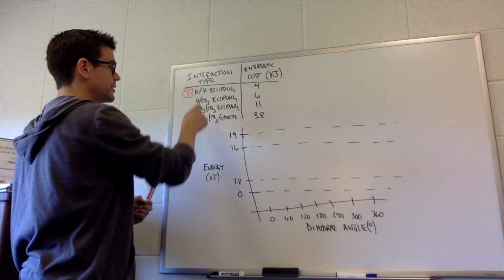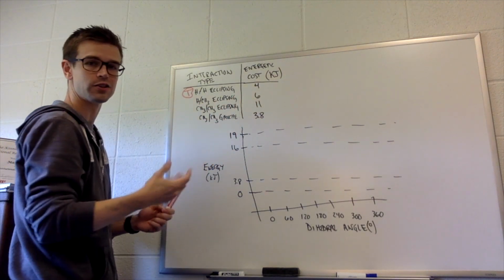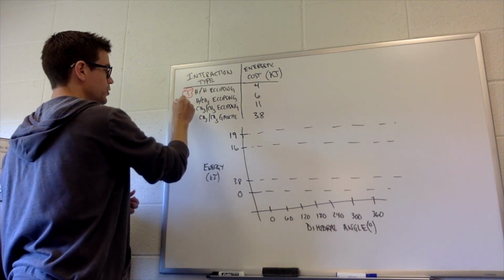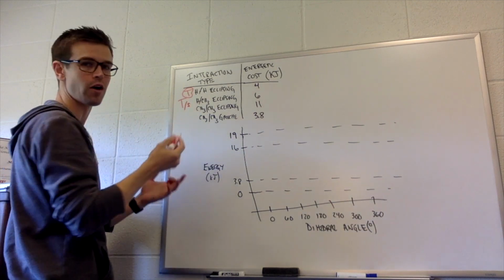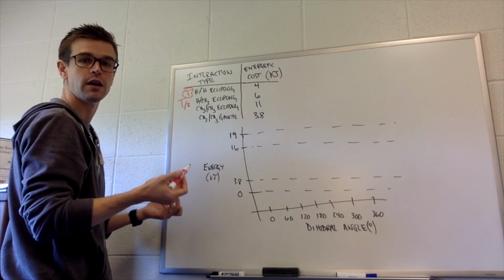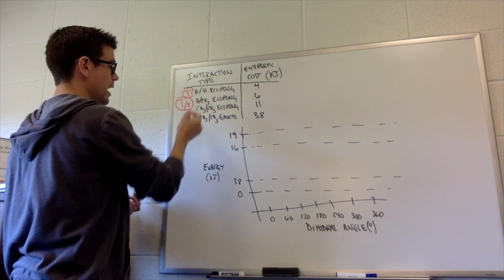In this H-CH3 eclipsing, about 4 of those 6 kilojoules is from torsional strain, so we'll put a T for that. But there also must be some steric strain, and I'll put the S as smaller because the 4 parts torsional is greater than the 2 parts steric strain.